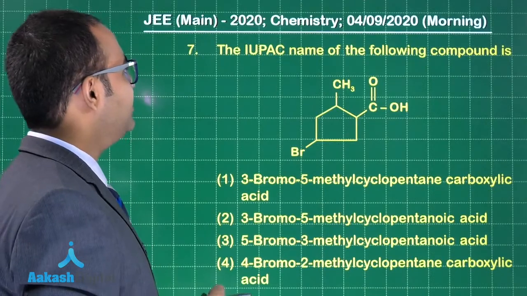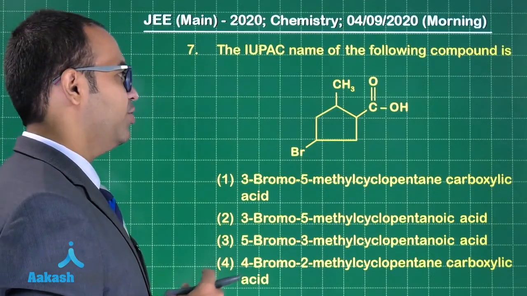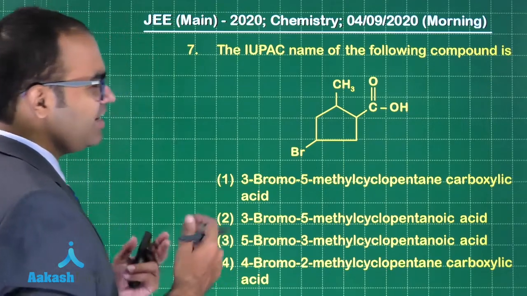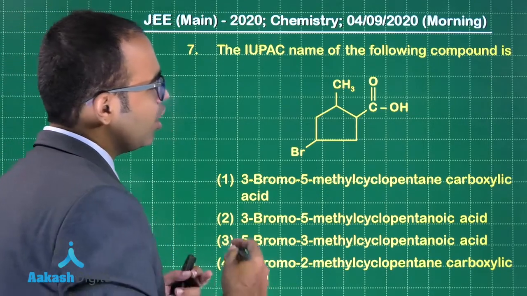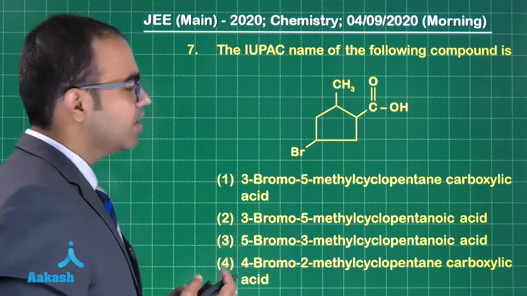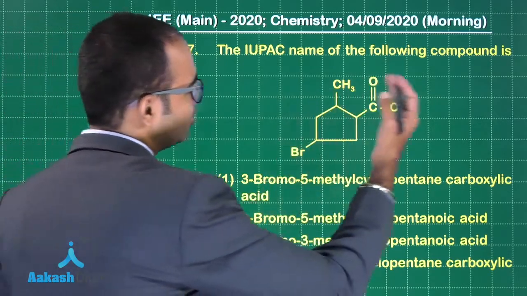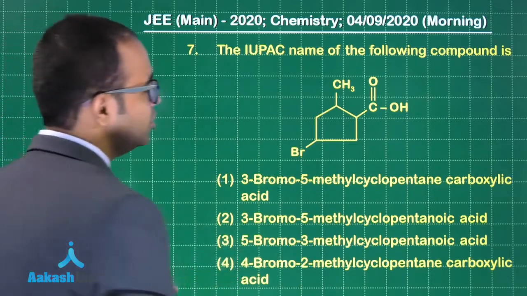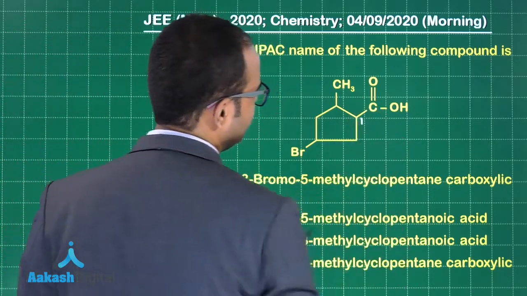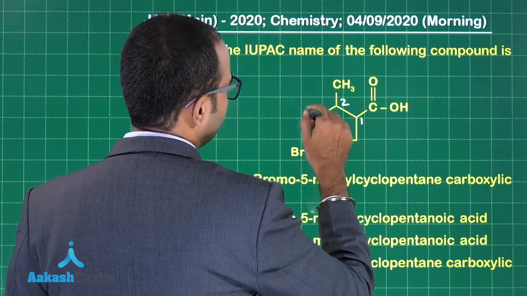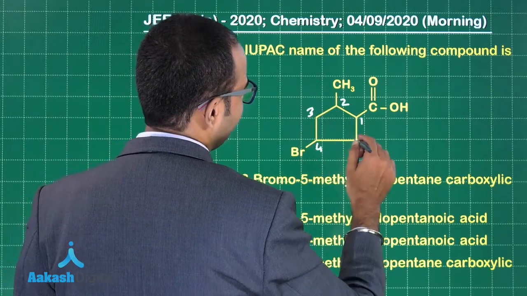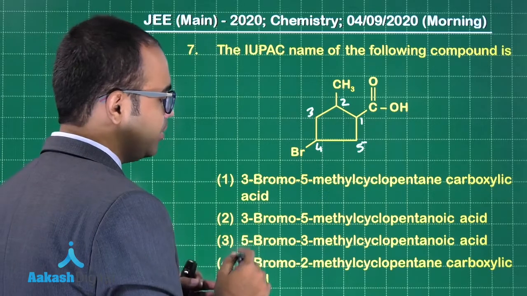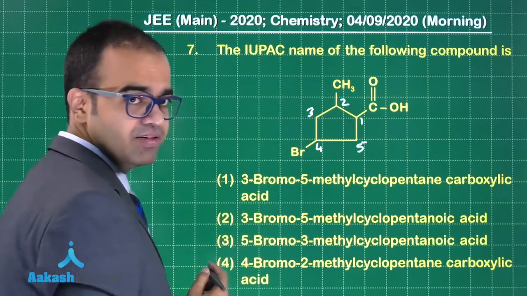The IUPAC name of the following compound is, okay. So let us look at the compound and start numbering it, guys. According to priority order, we'll give preference to carboxylic acid over bromine. So we'll start the numbering from here. So this is 1, it will be 2, this is 3, this is 4, and this is 5. So at the fourth position, I have bromine, right?